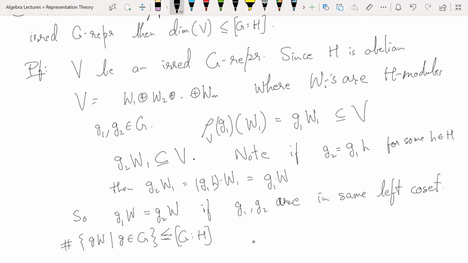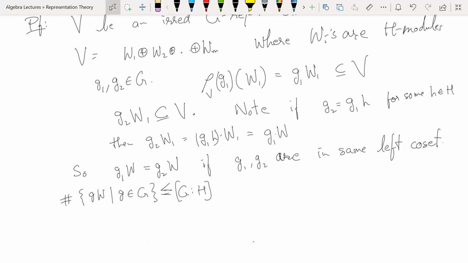But if they are in the same left coset, then we certainly have equality. So we have at most G colon H number of these things.